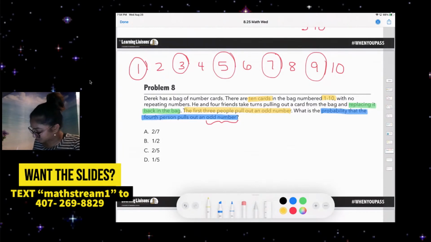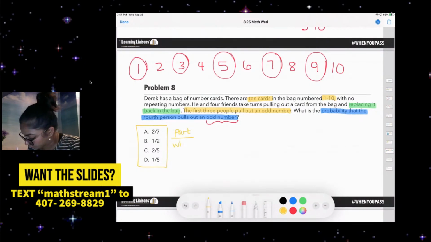Our answer choices are in fractions. That's our hint. We need a fraction. Fractions are part over the whole. Fractions are also what we're looking for over the total.